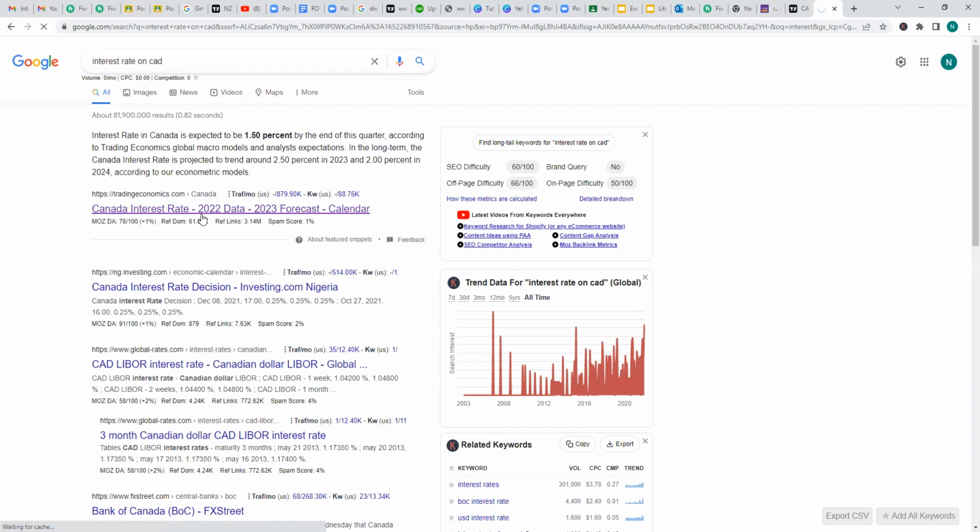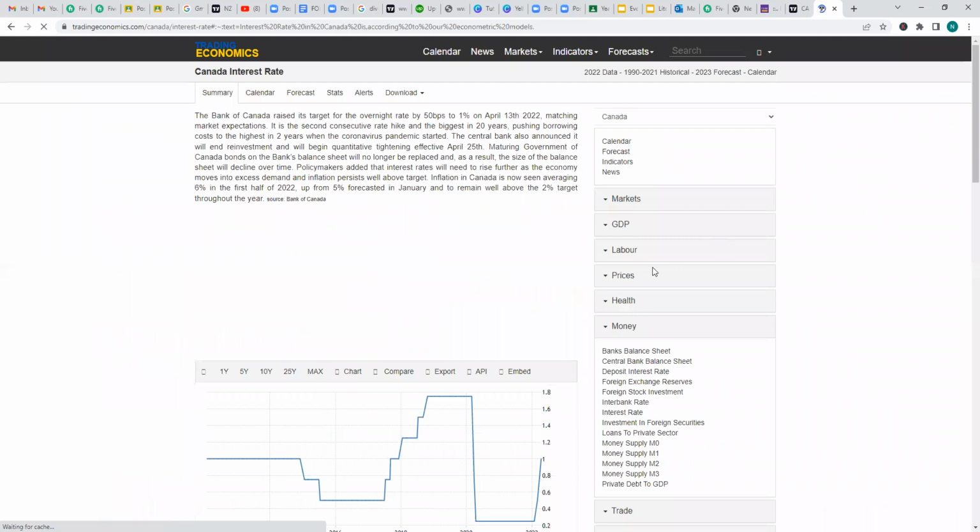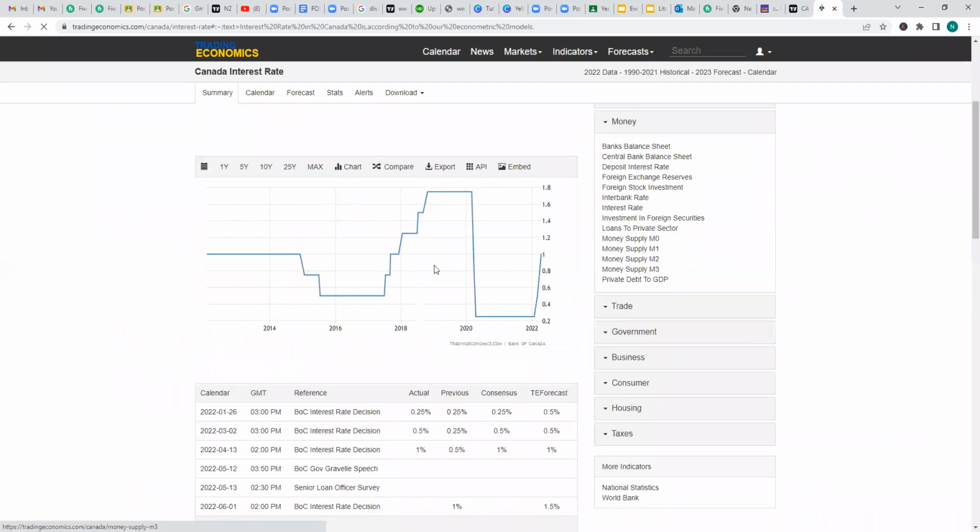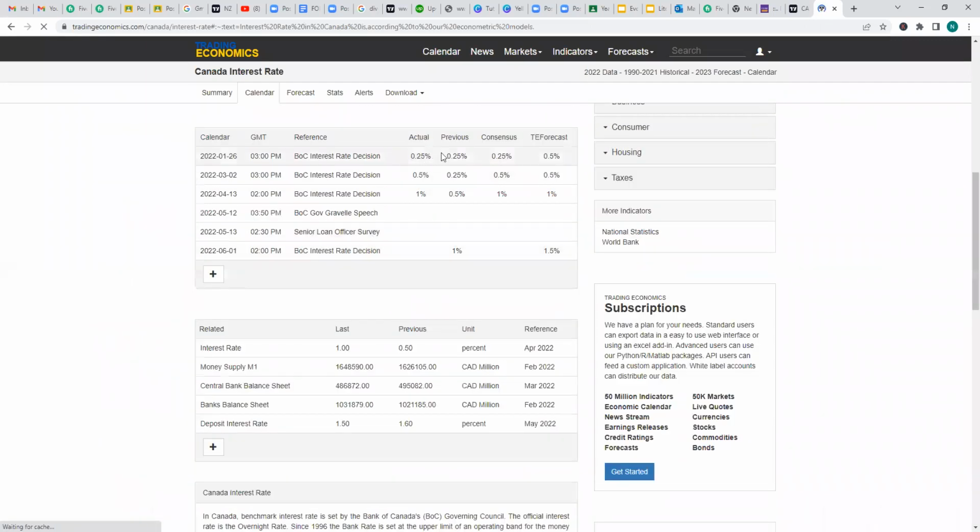Let's look at it here. Previous 1%. Actual, this is April, 1%. The actual has not been released for this one, so we're expecting it on June 1st. That's when we're expecting the new rate.